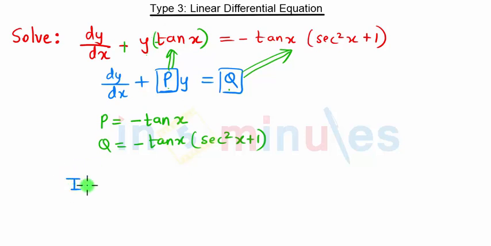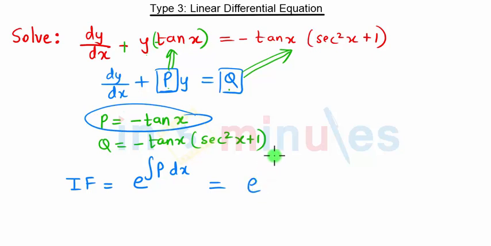The integrating factor in this case is given by e raised to integration of p dx. What is p? p is minus 10x. So e raised to integration of minus 10x dx. Minus is a constant, so we can take it out of the integration sign. What is integration of tan x? Integration of tan x is nothing but log of sec x.